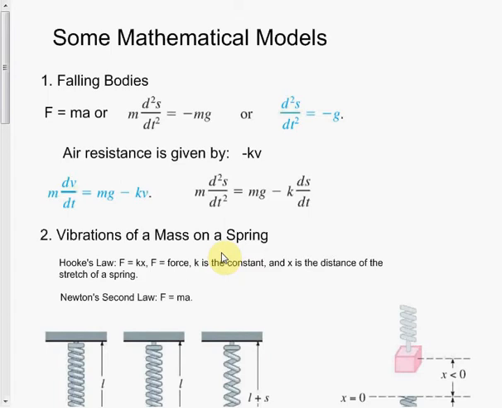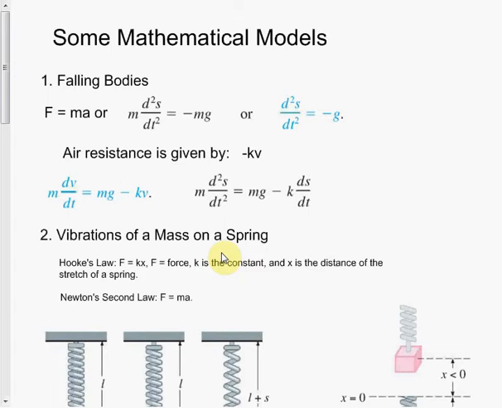So the first model, falling bodies. We use Newton's second law, where force is equal to the mass times acceleration due to gravity. That acceleration is a second derivative based on the position. So we can either talk about the second derivative in terms of s, the so-called displacement, or sometimes d²x over dt², x being the displacement.